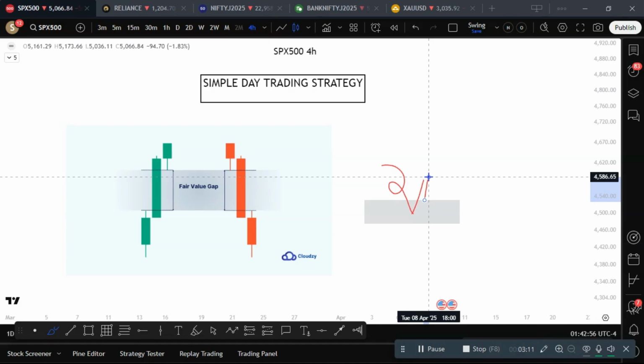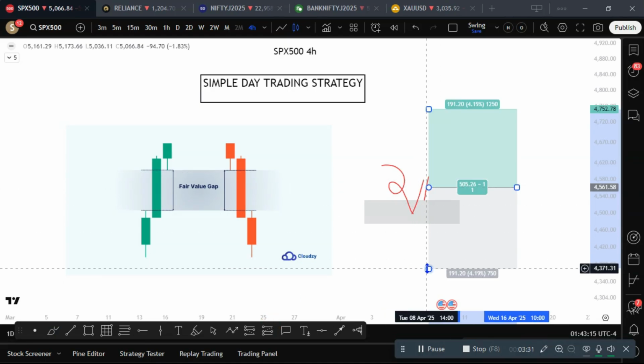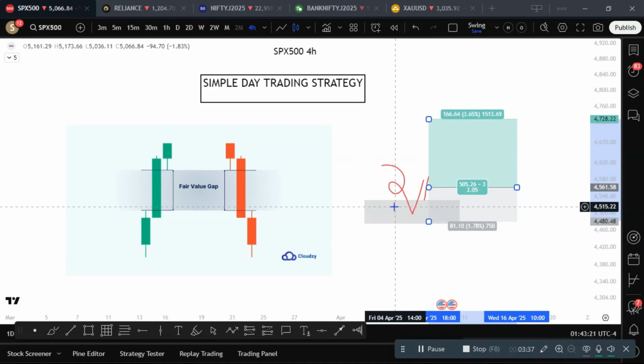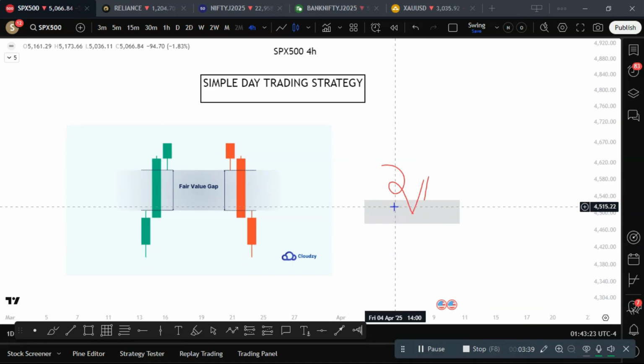So let me repeat: we will wait for the 4-hour fair value gap, price will come to our fair value gap, then we will drop to the 15-minute time frame, and then we will wait for a fair value gap again in 15 minutes. Then we will set our entry on that 15-minute FVG, and we will target simply 1:2. Okay, so that's it. This is the simple strategy.